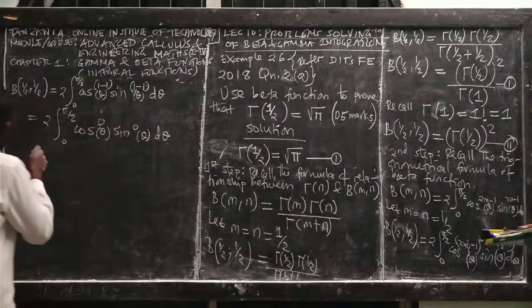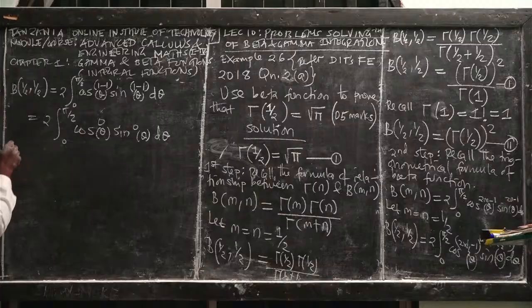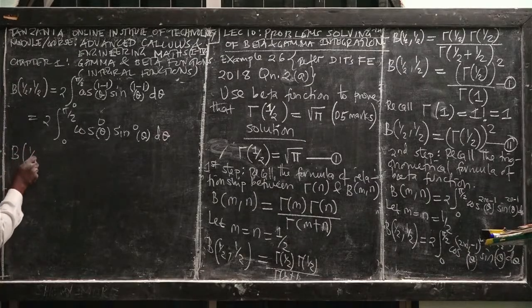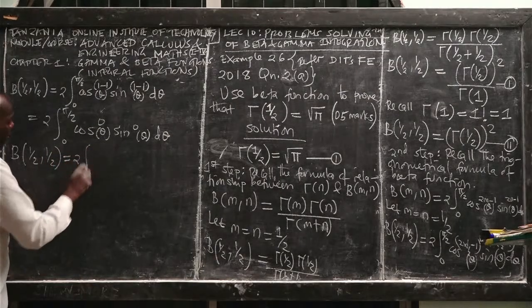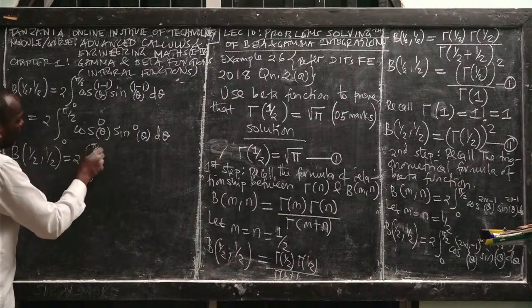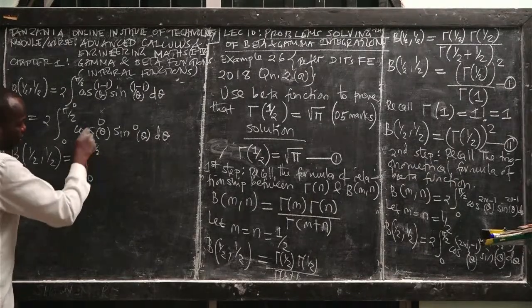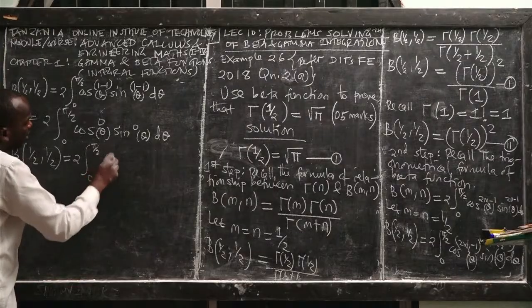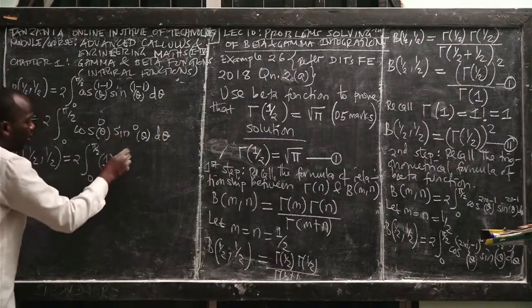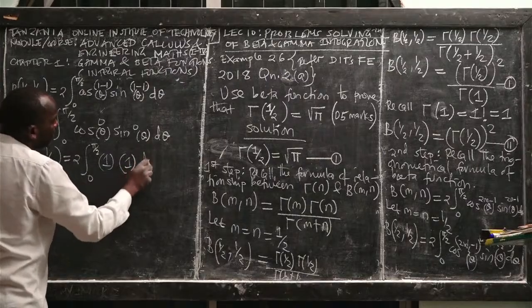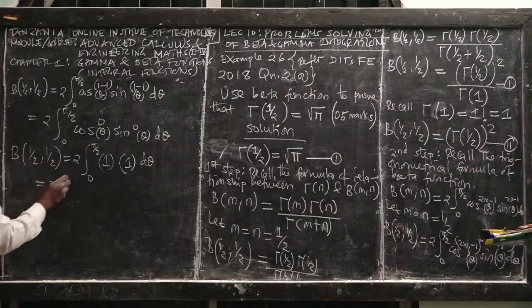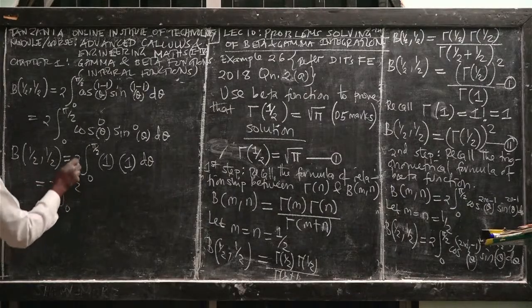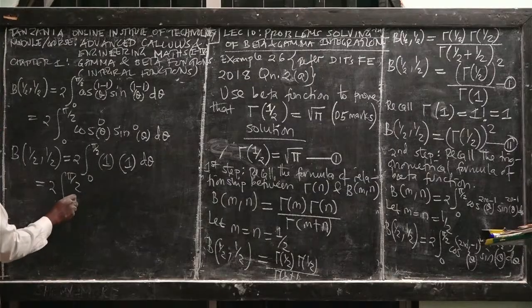So, dear students, beta of a half, comma, a half is equal to twice the integral from 0 to pi over 2, then cosine of theta power 0 is 1, and sine of theta power 0 is 1. 1 times 1 is 1, so we have 1 d theta.